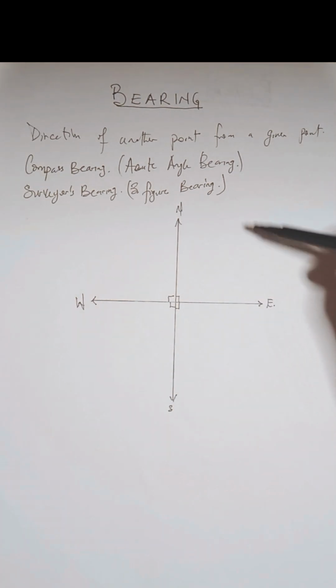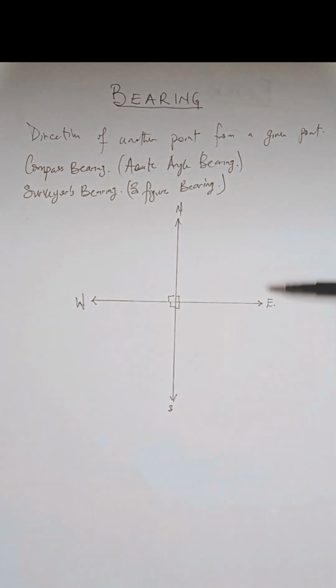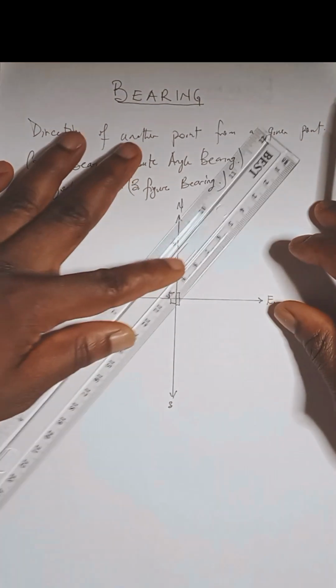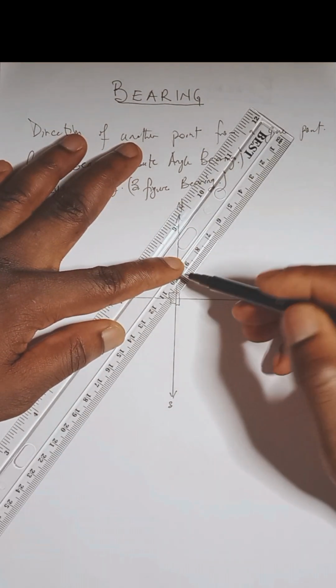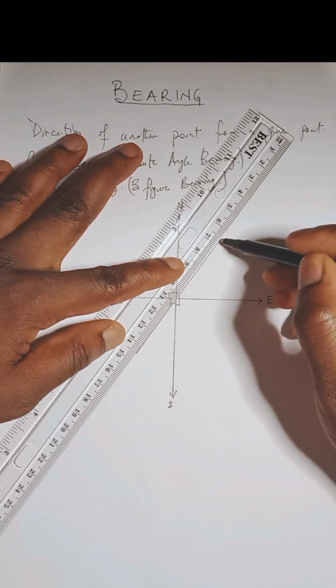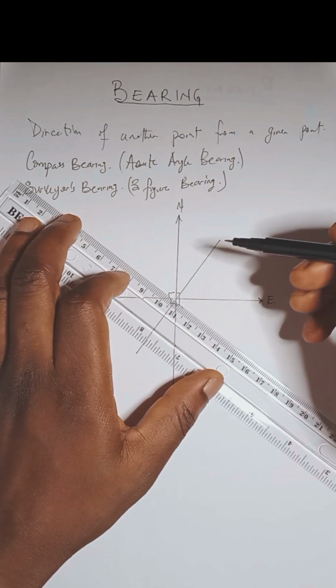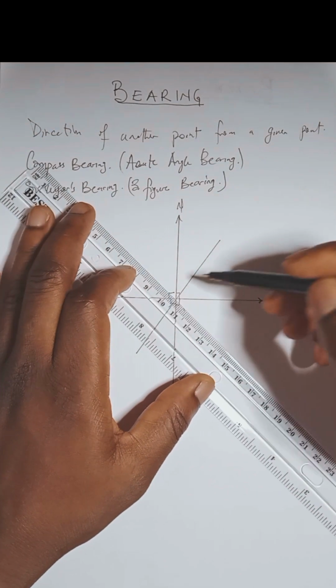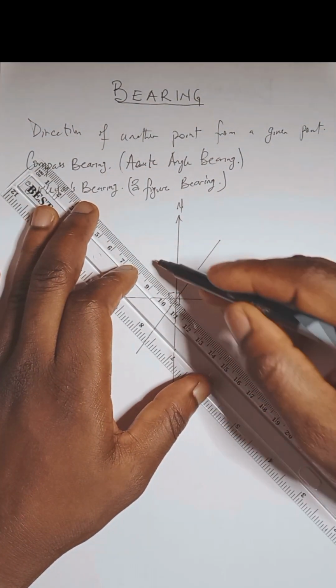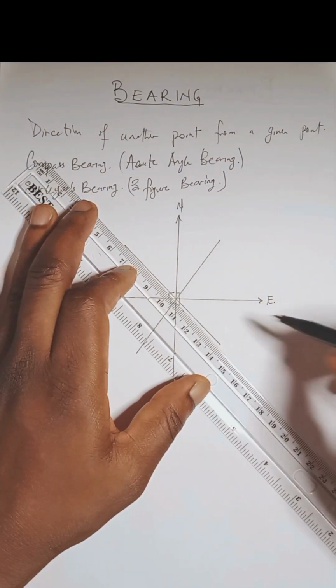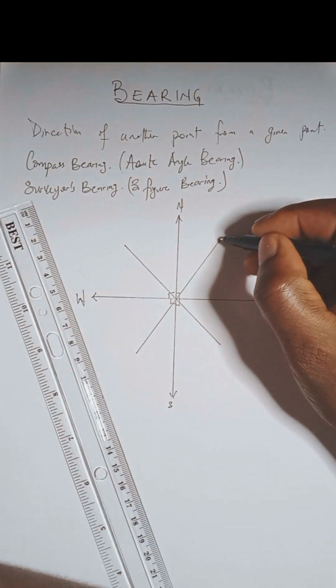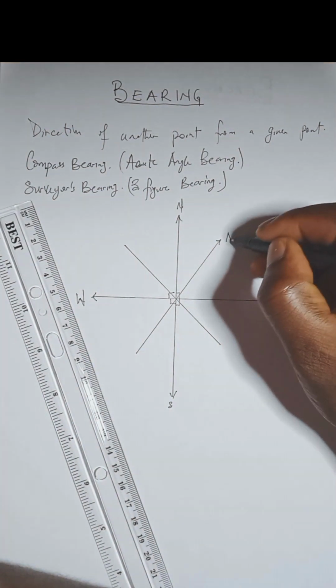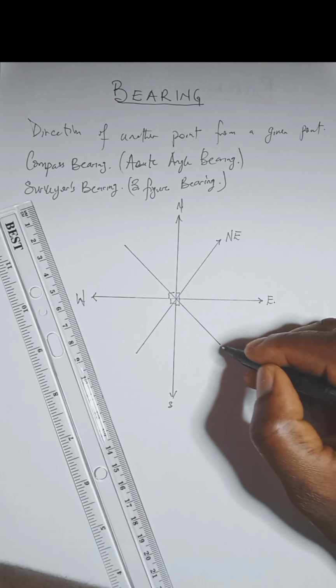Now, this region that is between north and east, anything that falls within this region, we call it the northeast. So there are four other regions that fall into this quadrant in between the cardinal points. Between the north and the east we call it the northeast.